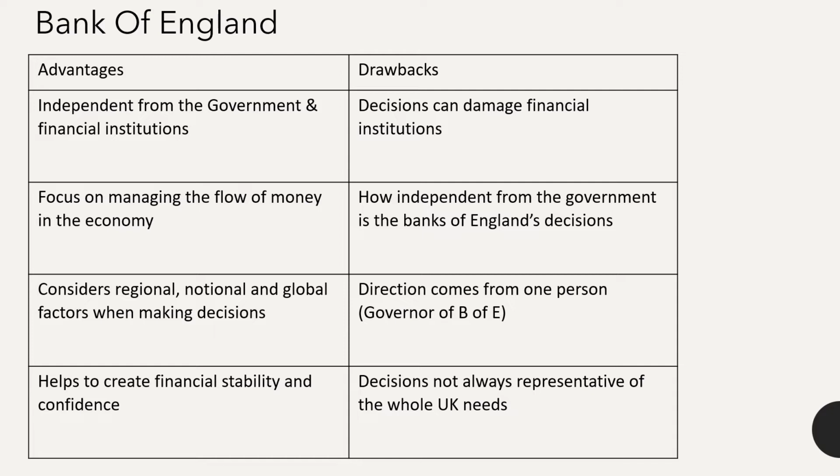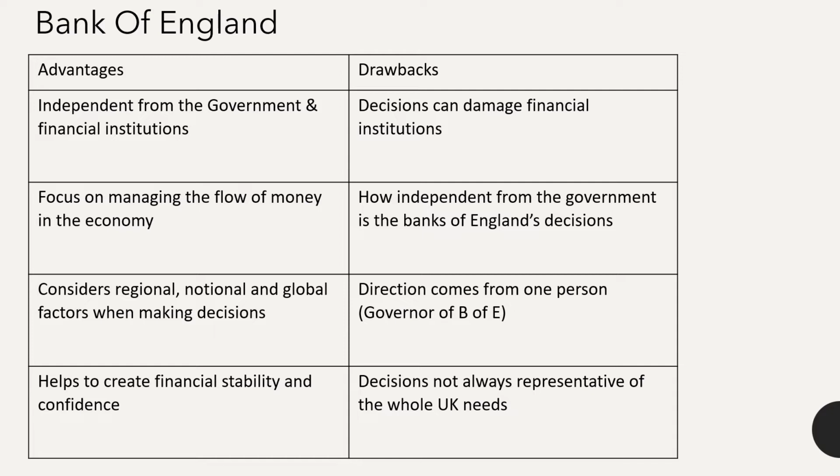Now, there are some questions about the legitimacy or the independence of the Bank of England from the government. The Bank of England should be an independent body, but there is some ambiguity when it comes to how independent they are. On a spectrum, there are questions about how far they go in being independent.